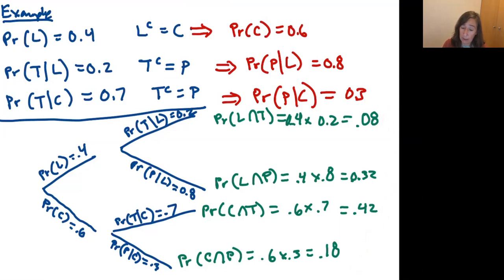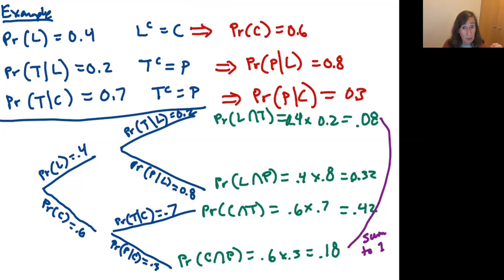These must sum to 1. So that's one place where these must all sum to 1, and 0.08 and 0.32 is 0.4, 0.82, it does sum to 1.